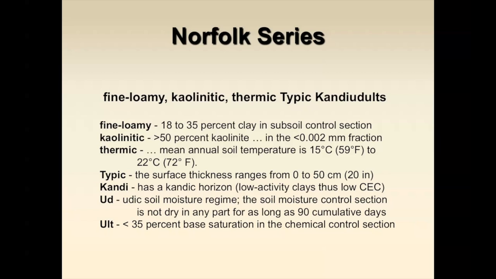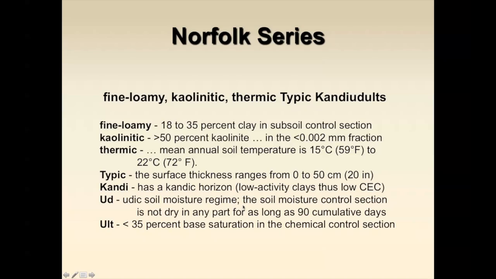So let's go back again. The alt over here is less than 35% base saturation. That's probably one of its main qualities of these altisols that you'll find in the southeast. Very, very well weathered, developed soils. The Ud over here, it's Udic soil moisture regime.